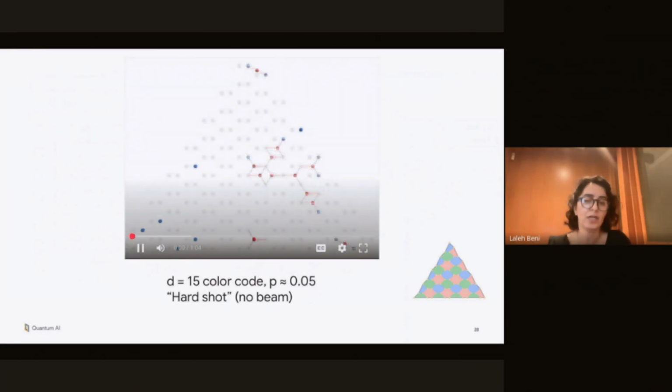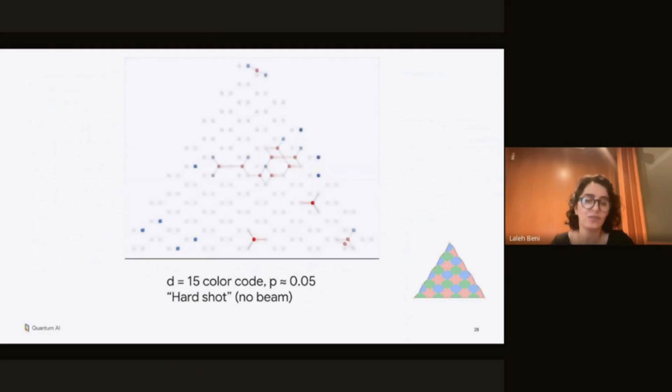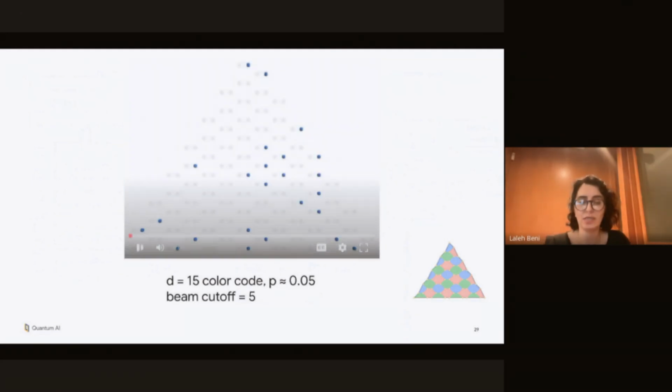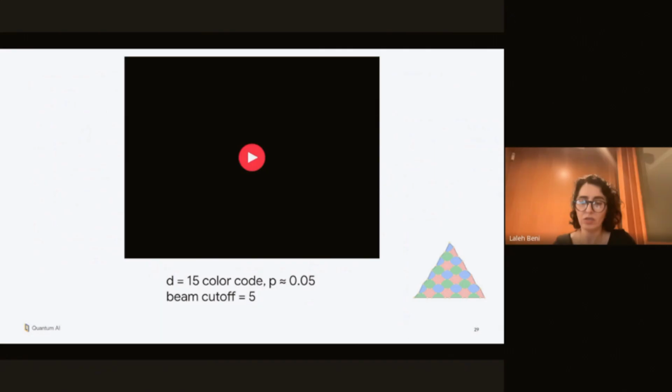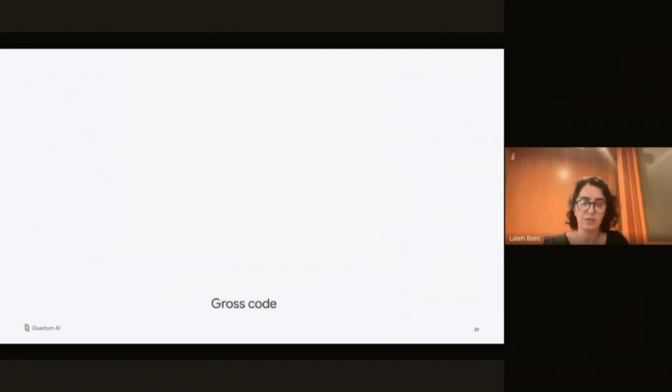And when we run Tesseract on this distance 15 color code with error of 0.05, without introducing any beam there, you can see that it's taking a little bit long to get to the answer. But with applying the beam search in the next example, which does a cutoff of 5, the algorithm gets to the answer pretty fast, and it doesn't do any extra work while getting to the final answer.